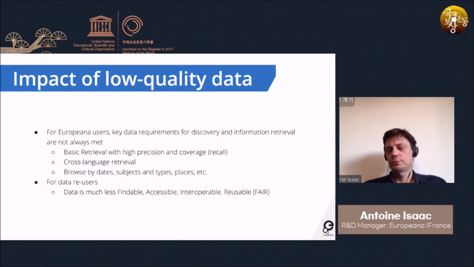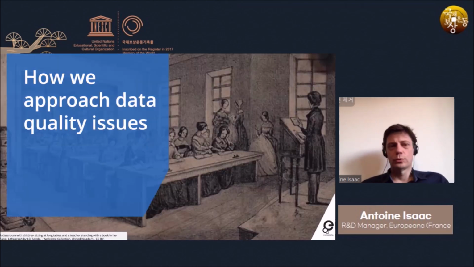So findable, accessible, interoperable, and reusable. Those things, of course, are much lower when there are data problems like the one that I've shown. So how do we approach data quality issues?